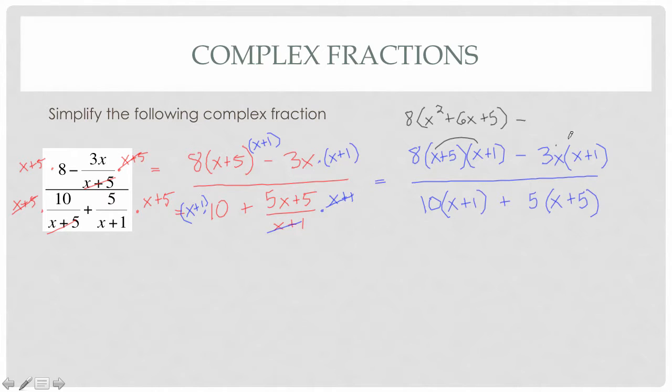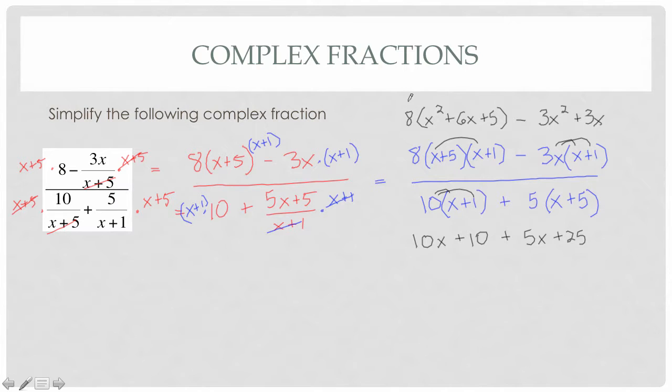Minus, I'm going to distribute that as well, minus 3x squared plus 3x. On the bottom, we've got 10x plus 10. Once I distribute those, plus 5x plus 25.